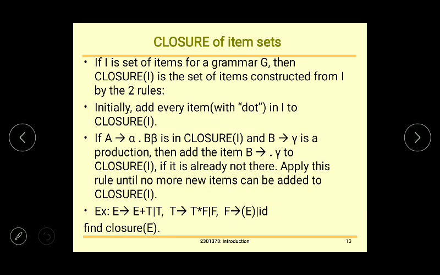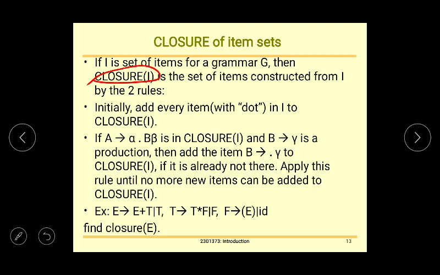First let us see about closure. If I is a set of items for a grammar G, then closure of I is the set of items constructed from I by two rules. What are the two rules?